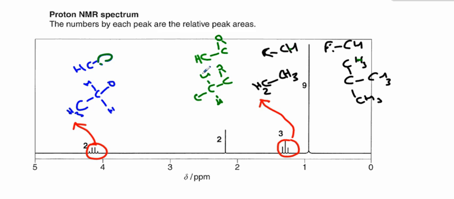Then I've got a C with 2 H's and a C with no hydrogens on it, which I'm hoping will be this carbon here, so that I can attach this carbon.